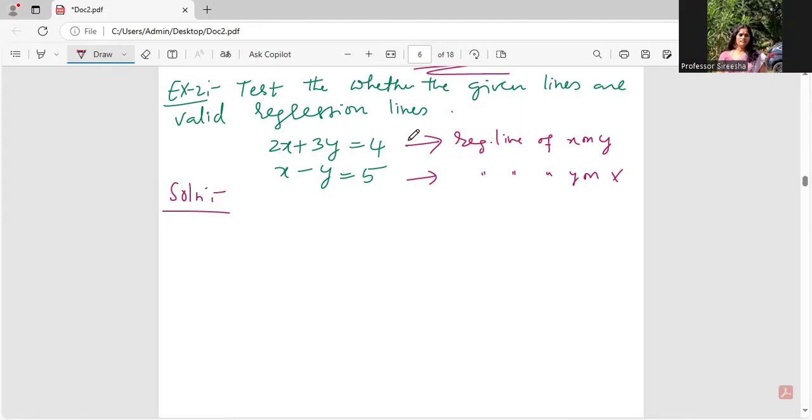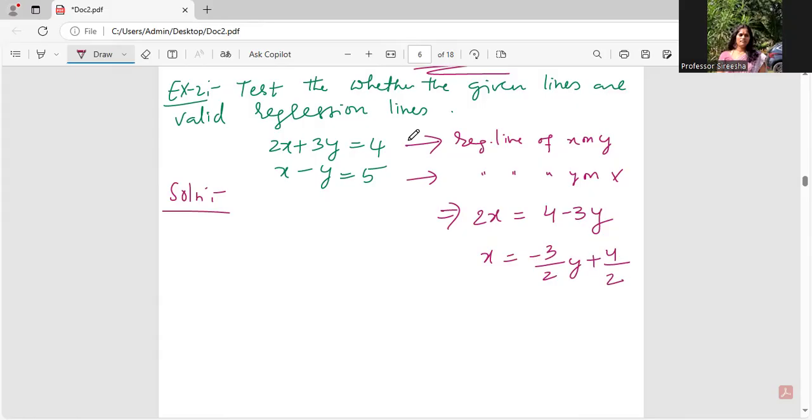The regression line of x on y will be something like 2x is equal to 4 minus 3y, and then x is equal to, of course, minus 3 by 2 y plus 4 by 2.